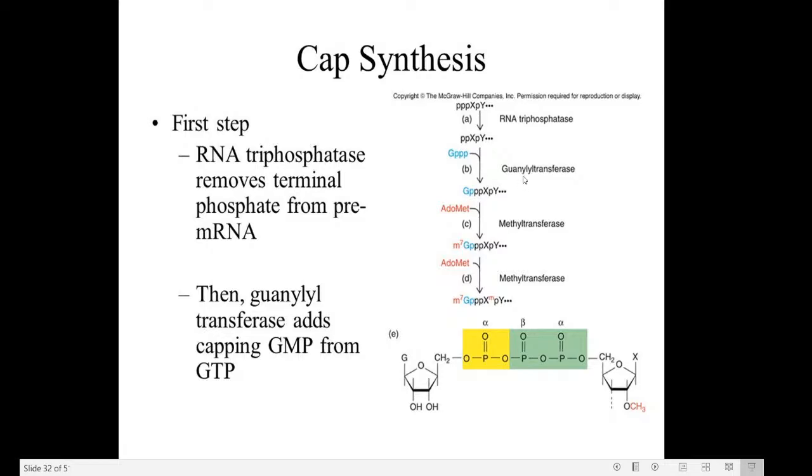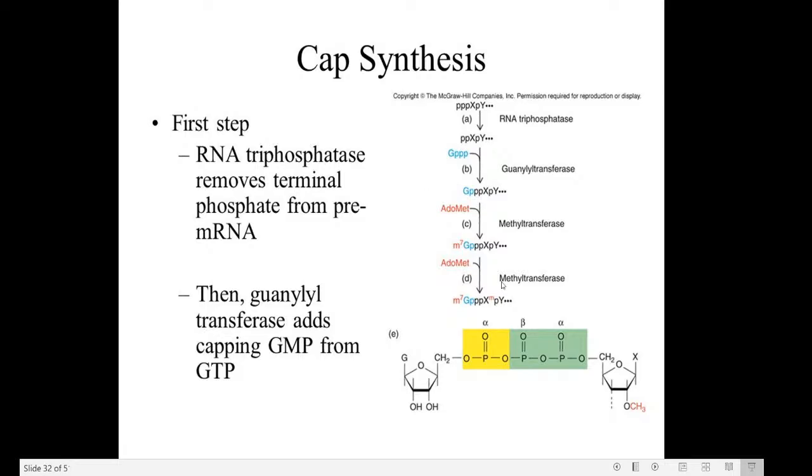You can see here, it's a very important concept. The pre-mRNA is there. We want to add RNA triphosphate. This addition helps to form the complex. That is called addition of guanylyl transferase. It helps to modulate the addition of G to the sequence, which forms one complex.